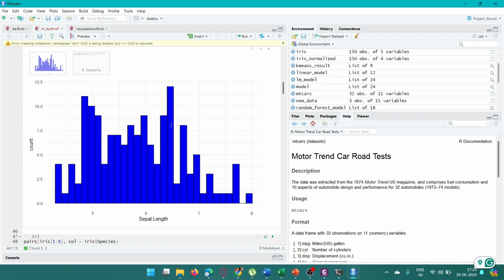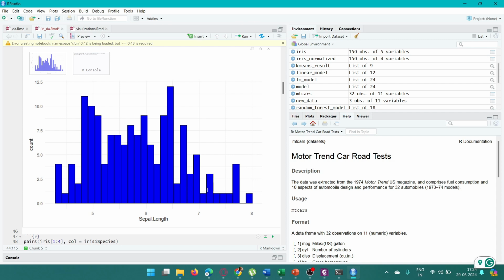So you can analyze which value of the sepal length occurs how many times, and also come to know which value is taken most by the data set. From the graph you can see that a value of around 6.5 is taken mostly by the flowers as sepal length, because the maximum count is 12 times compared to other sepal length values.